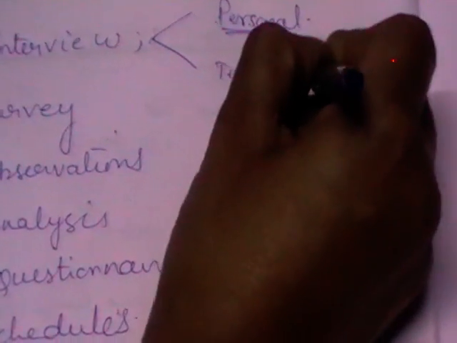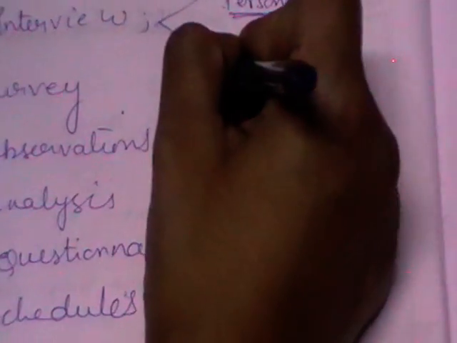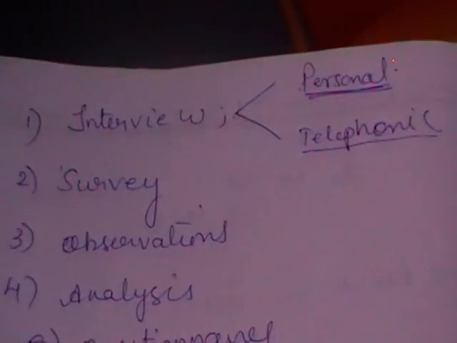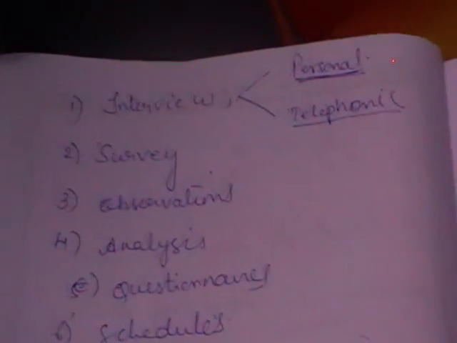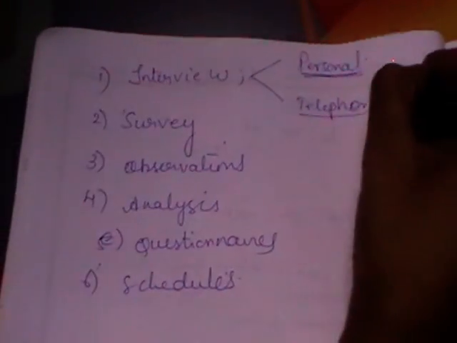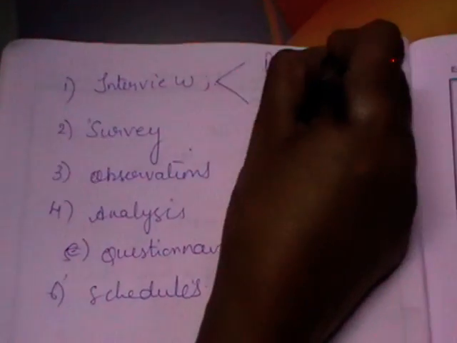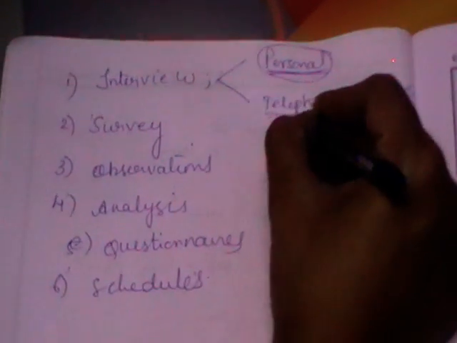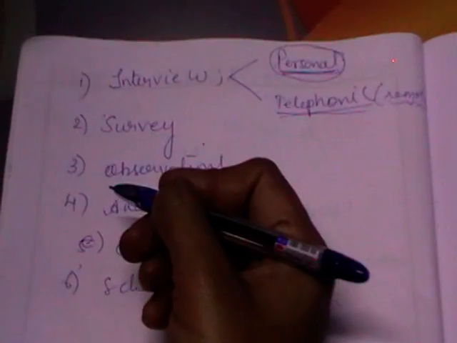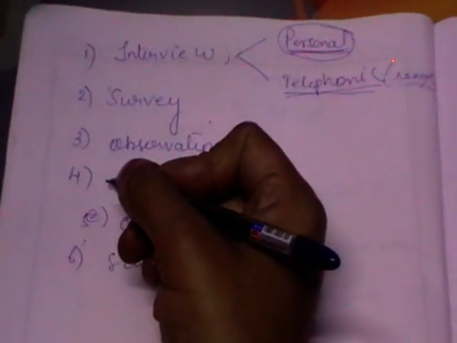When the respondents from whom we are collecting the data are remote, or to save time and money, instead of a personal interview he may get the data by conducting a telephonic interview.